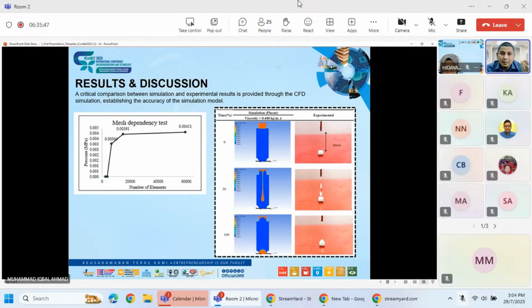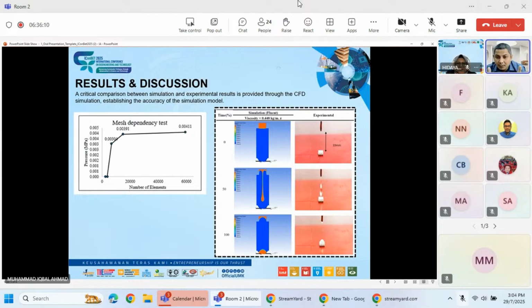We have the mesh dependency test. From the mesh dependency test, we chose less than 20,000 elements, unstructured, using hexagonal type mesh. We use the same type of EMC, and the time taken is from 0 to 1.3 seconds.